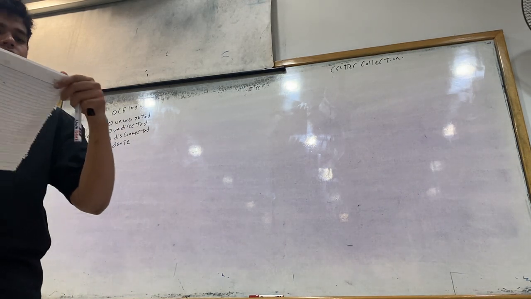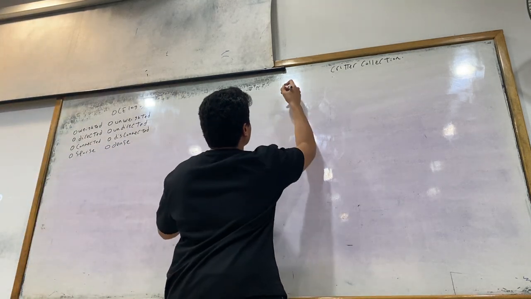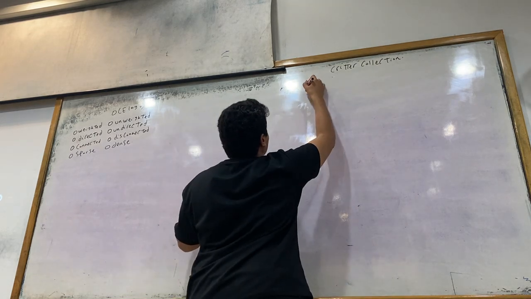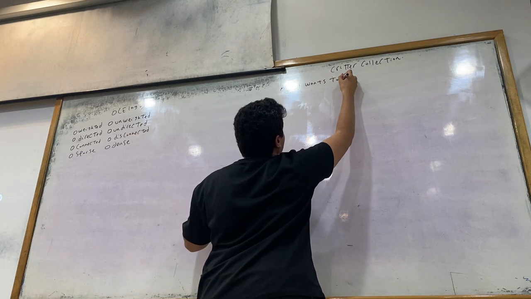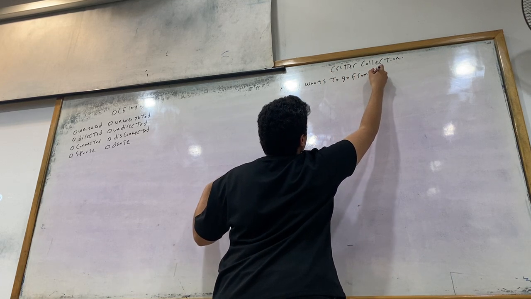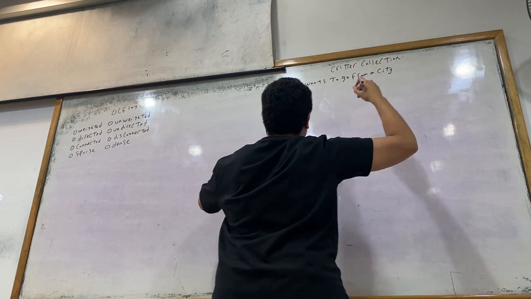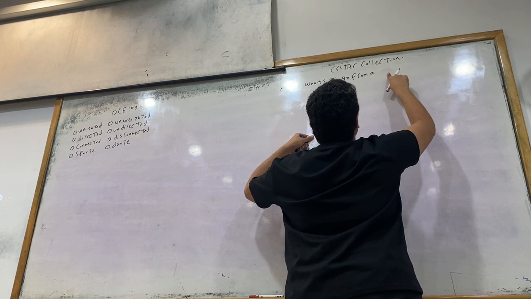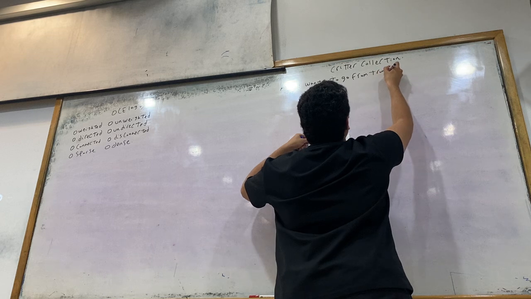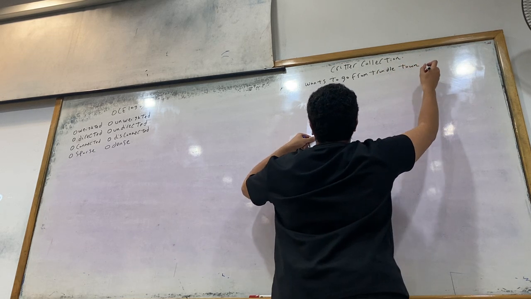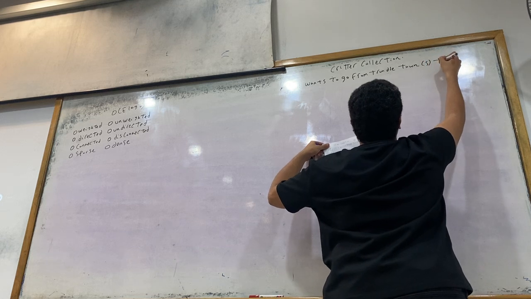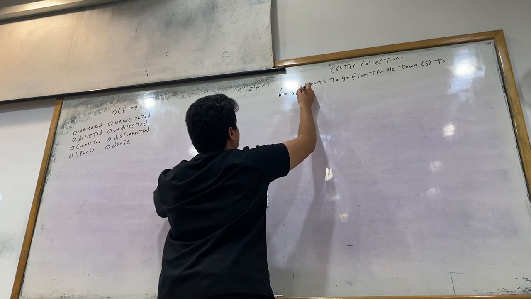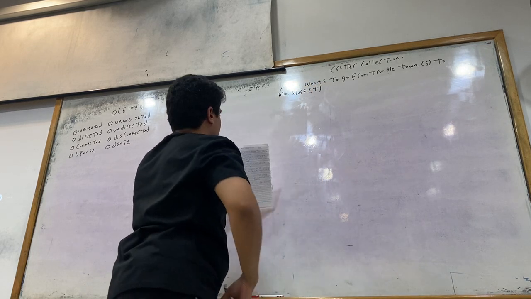Okay, so it tells you here that Ashley wants to go from a city called Trundle Town to Blue Bluff.